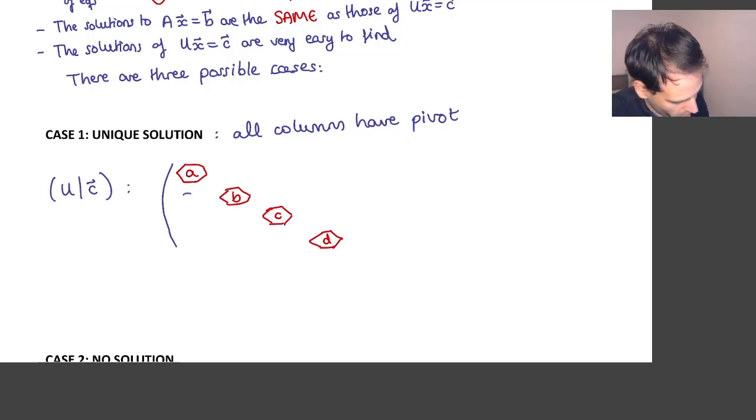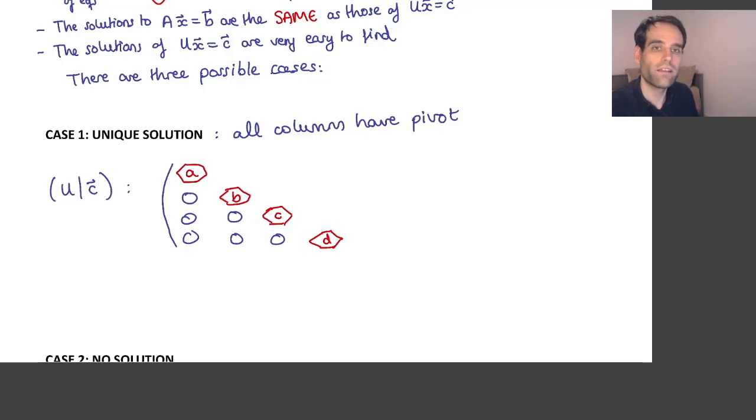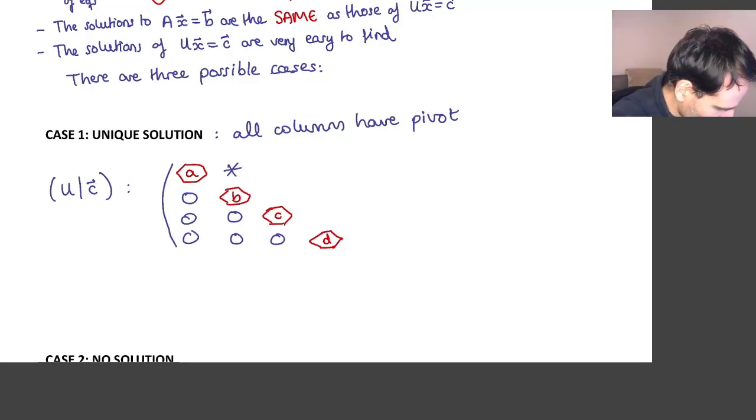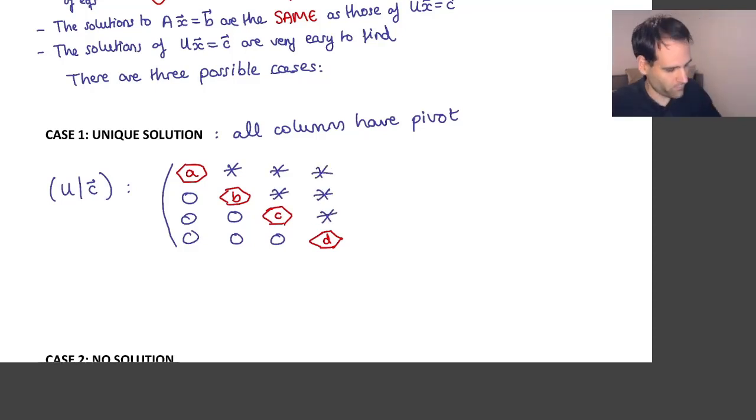Then we have zeros to the bottom and to the left of all the pivots, because they are pivots. And then we have other numbers, which might be 0 or might be non-zero, above and to the right of each pivot. And then we have the independent coefficients C.